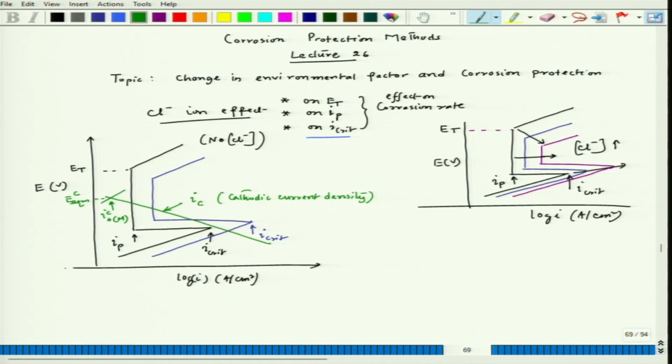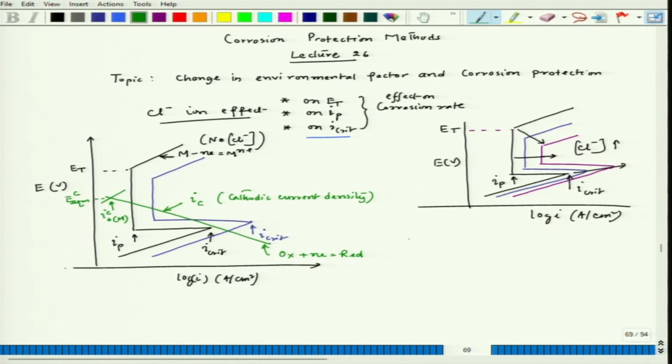And since here we have a very simple system with one single anodic process, which is metal dissolution, let us say this indicates metal dissolution, and this indicates reduction, or we can say oxidant plus Ne equal to reductant.